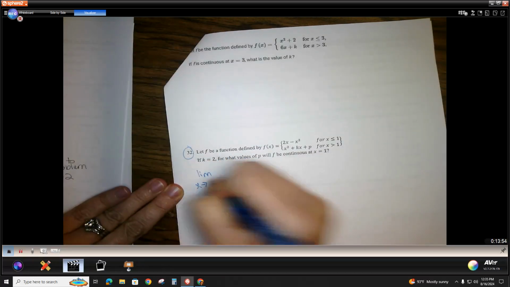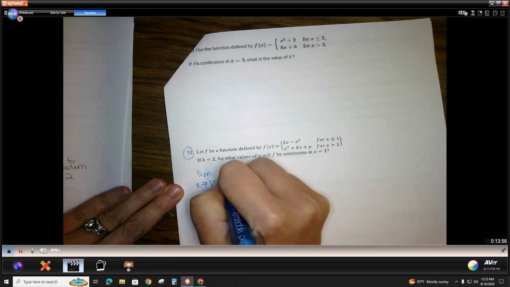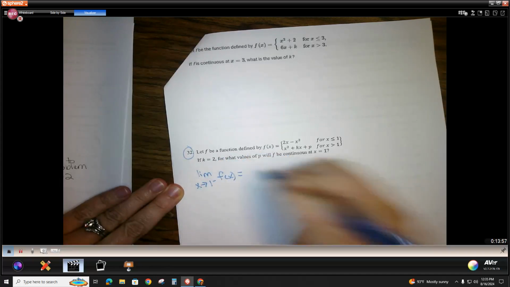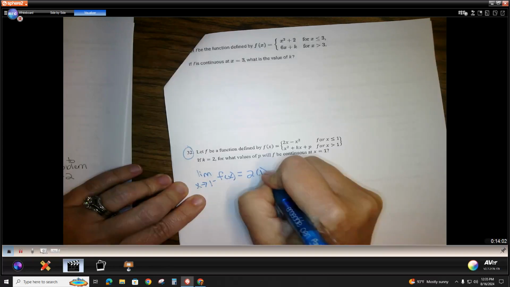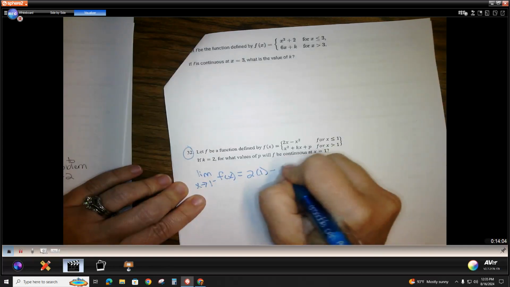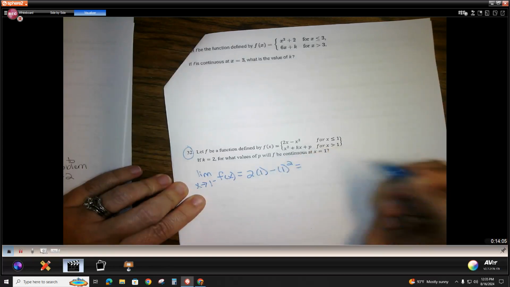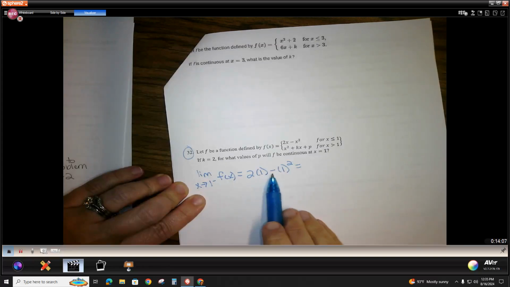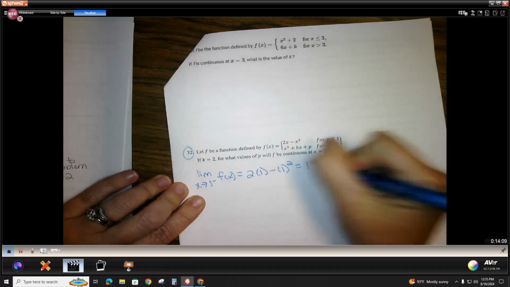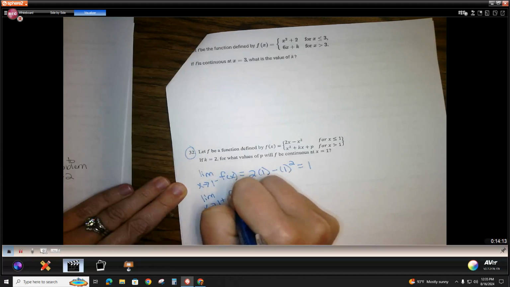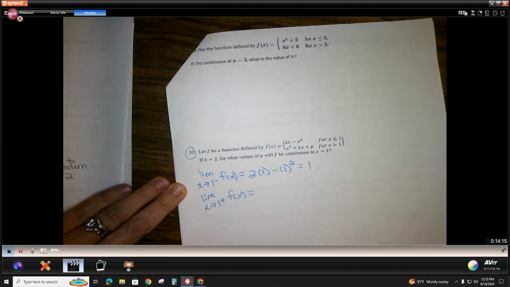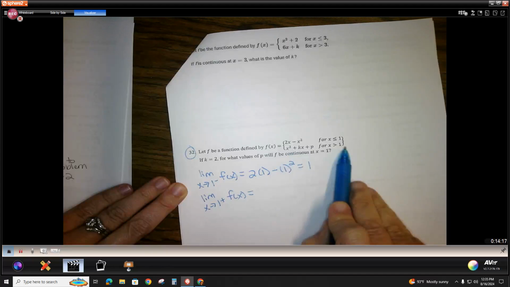The limit as x approaches 1 from the left of this f of x function is, here's my left side, 2 times 1 minus 1 squared. 2 minus 1 is 1. The limit as x approaches 1 from the right. Okay, so this is my right side of the piece.